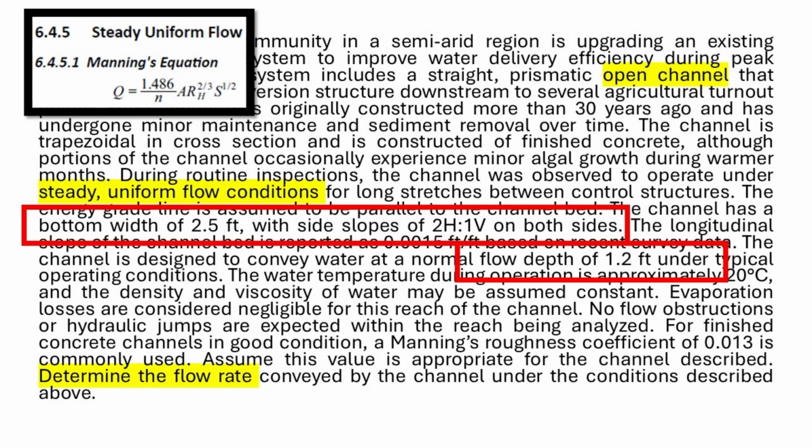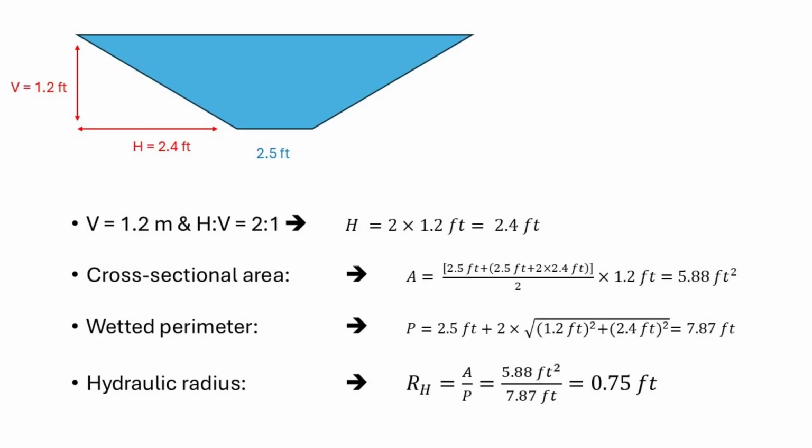Going back to the example problem, we can use the horizontal length and the vertical length ratio 2:1 to find the horizontal length, 2.4. From there, we can calculate the cross-section area, 5.88, and the wetted perimeter, 7.87. Lastly, we can calculate the hydraulic radius, 0.75.